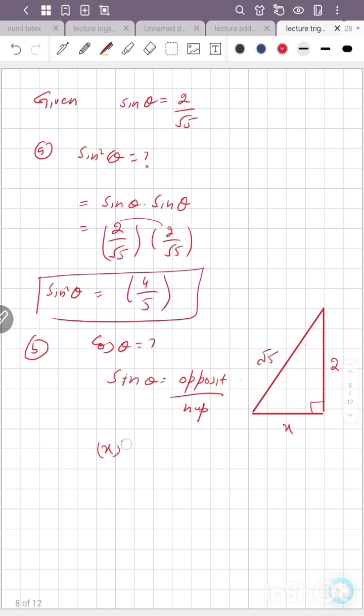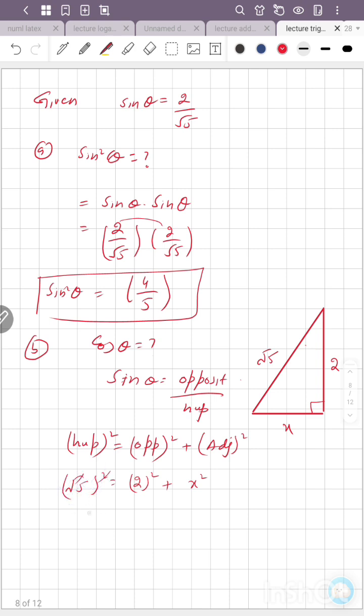Hypotenuse square equals opposite square plus adjacent square. Now the opposite is 2 square, the adjacent is x square, and the hypotenuse is square root 5 square.